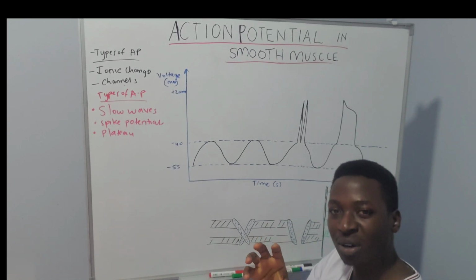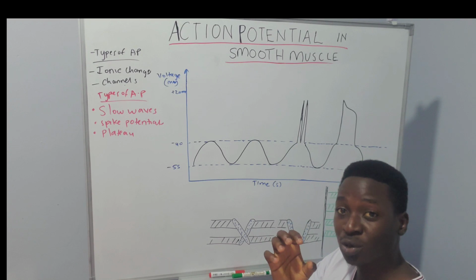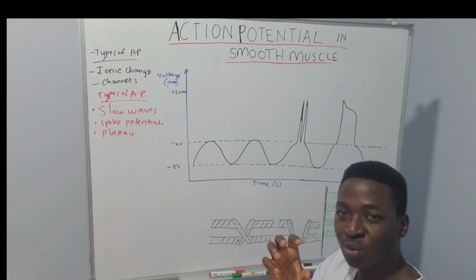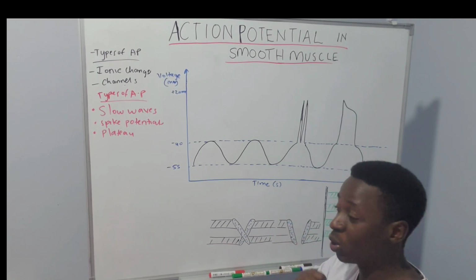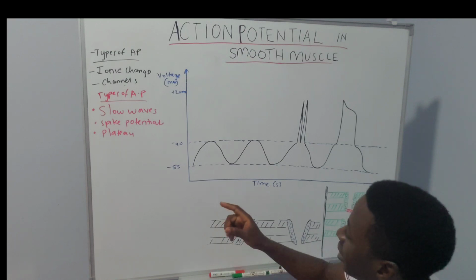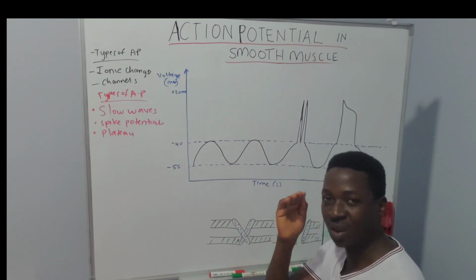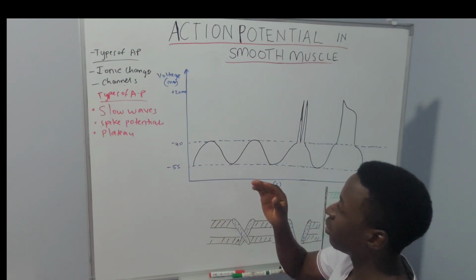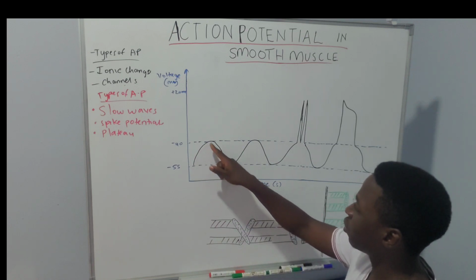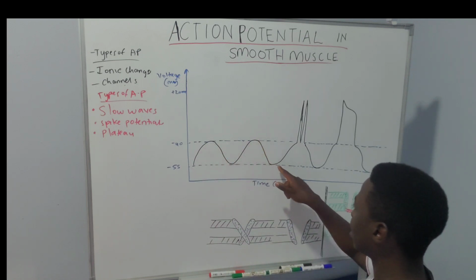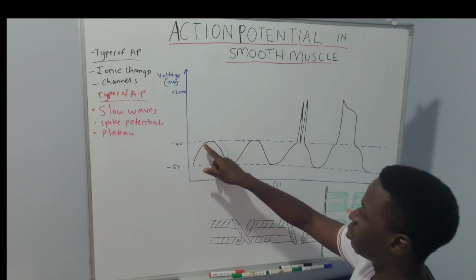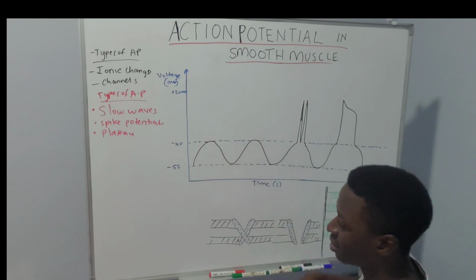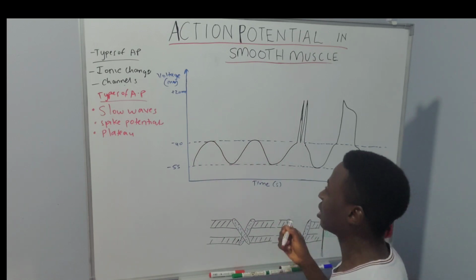And that is why these muscles have a smooth muscle tone. Even the blood vessels have sort of a tone. This is exhibited by the non-static resting membrane potential, a pattern typically exhibited by what are called the slow waves.